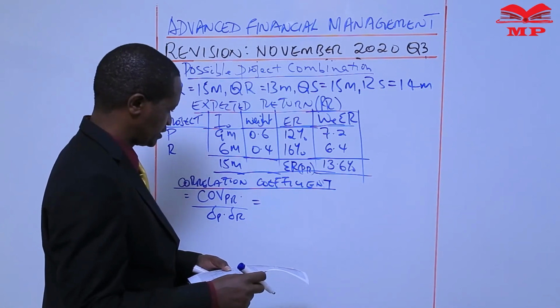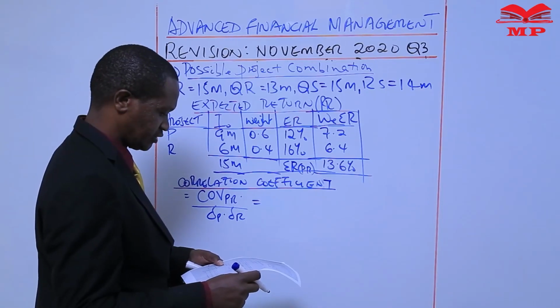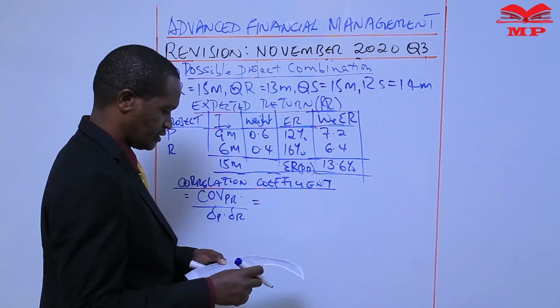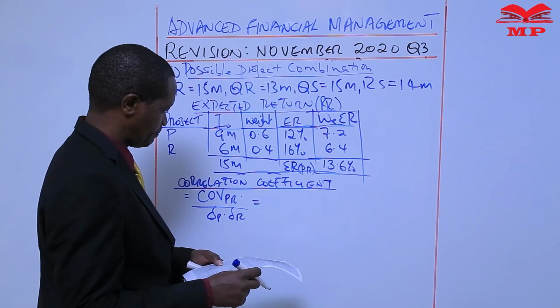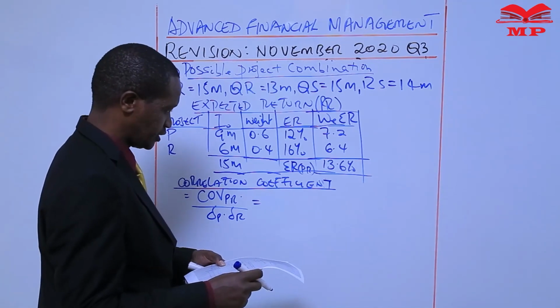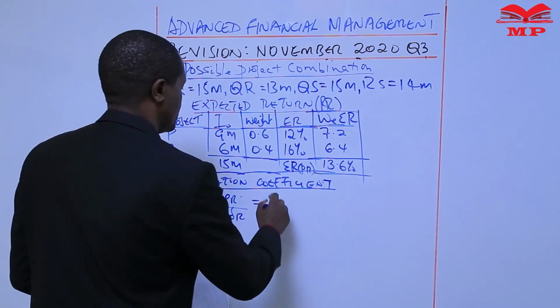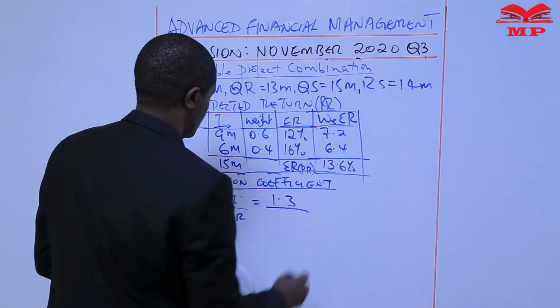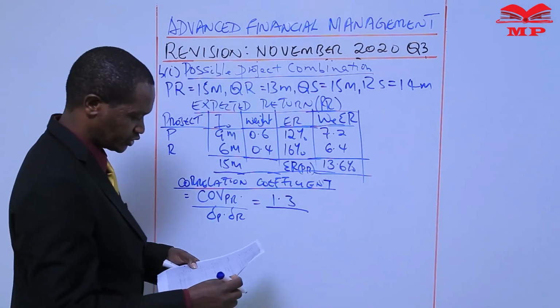We have the covariance of PR. PR is 1.3. The standard deviations are also given in the question.